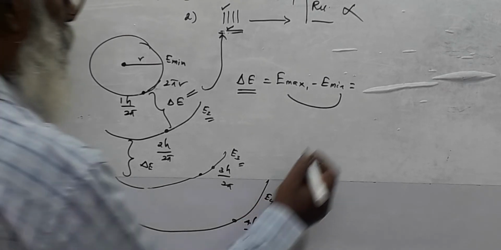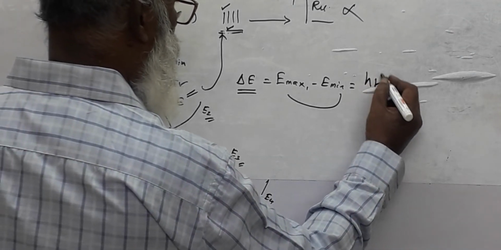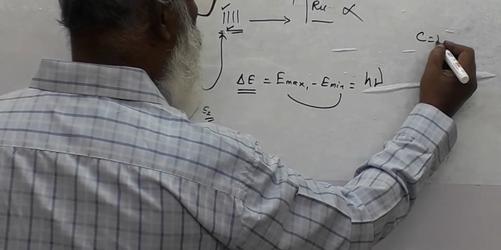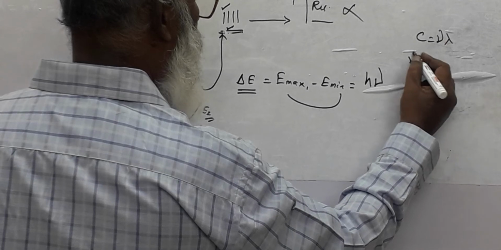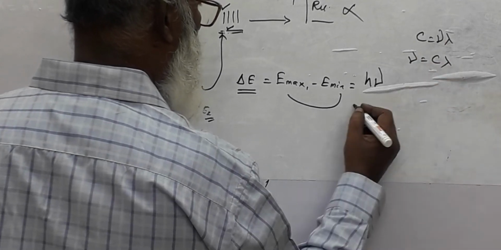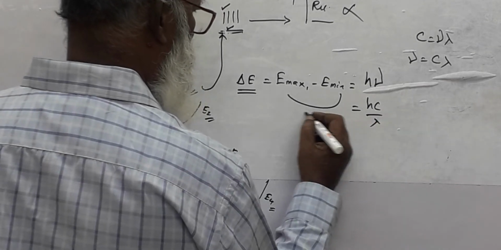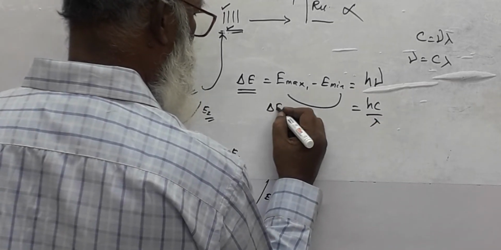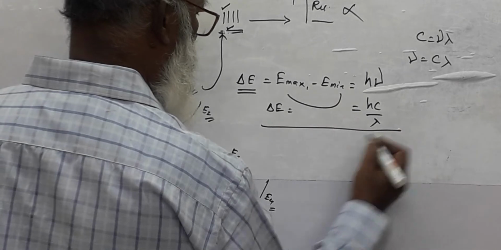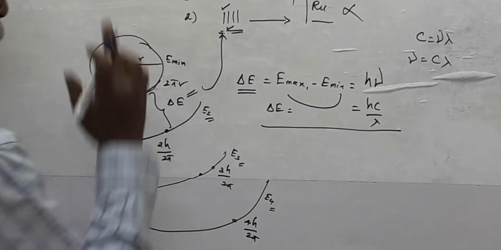And that radiation is nothing but h nu, whereas C equals nu lambda, or nu equals C by lambda. Therefore, hc by lambda. This is called the valuable equation that we obtain in the line spectra.